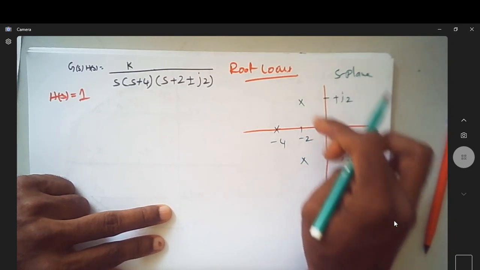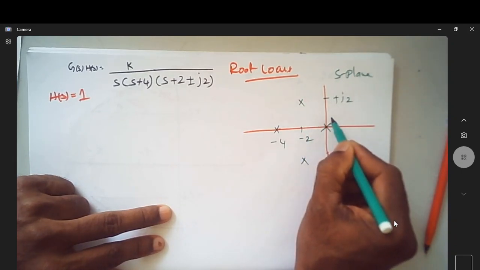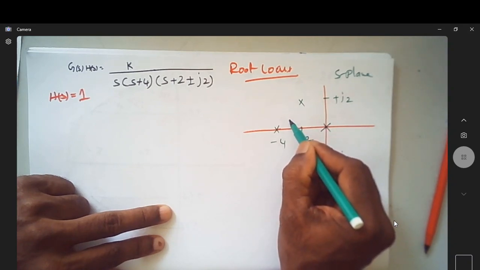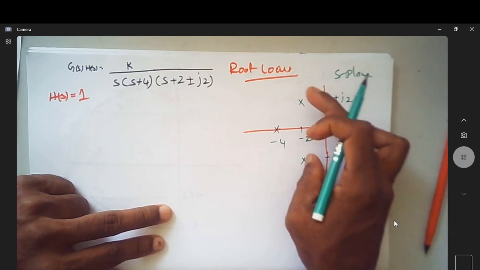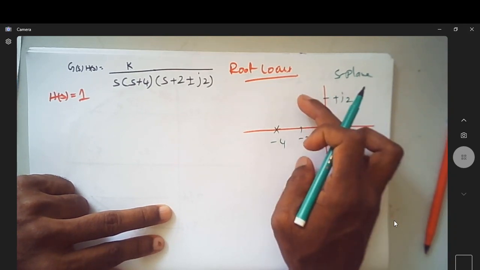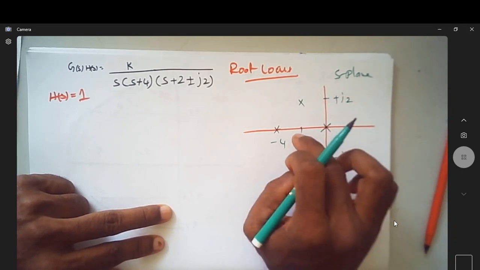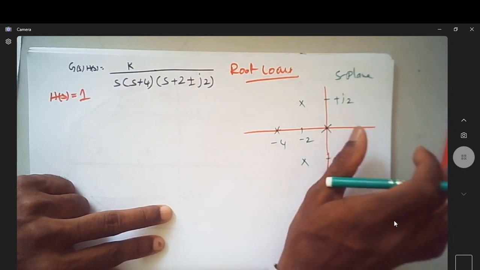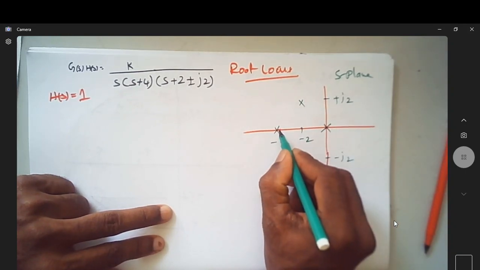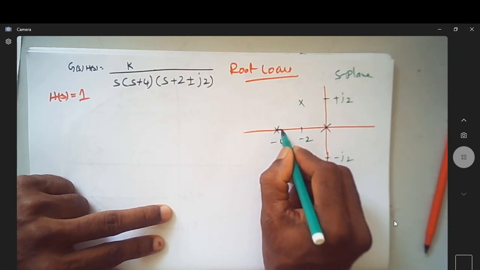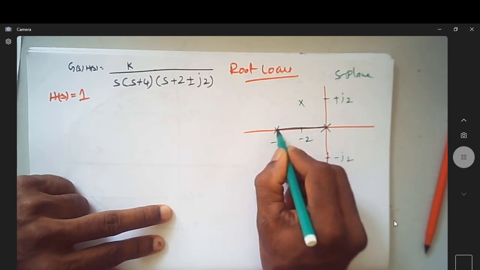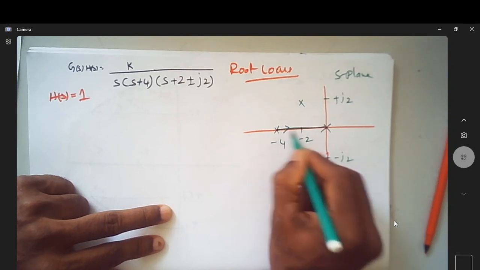Complex poles will not alter the number of poles looking to the right of a particular section. So in this segment, if you look towards the right, you have an odd number of poles, so a root locus exists here.